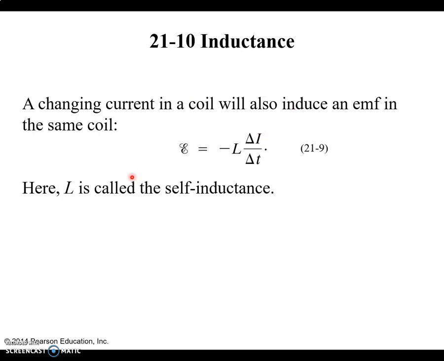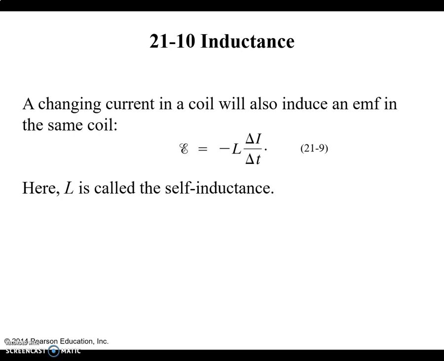Well, that changing current then induces an EMF in the same coil in itself. So it's the exact same equation, but instead of talking about mutual inductance, which would be inductance between two coils, we have capital L, which is self-inductance, inductance within a single coil. That is all that we need to really cover in inductance.